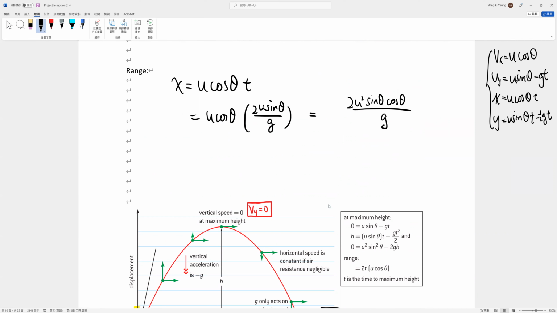Now, you also need to remember one identity in mathematics.